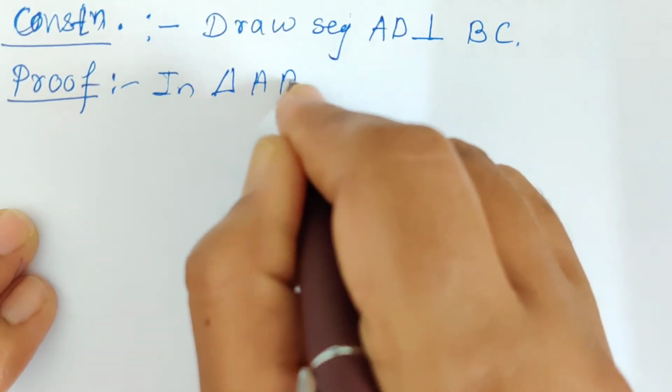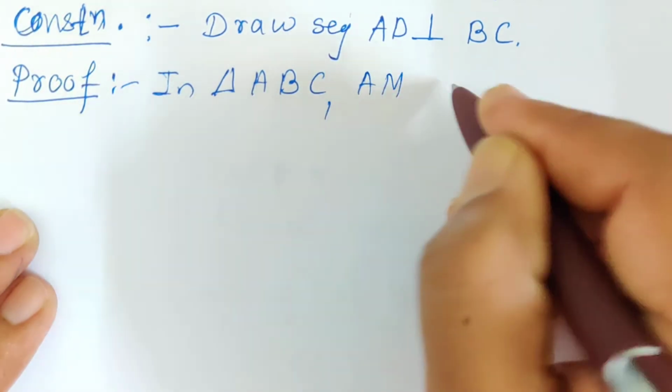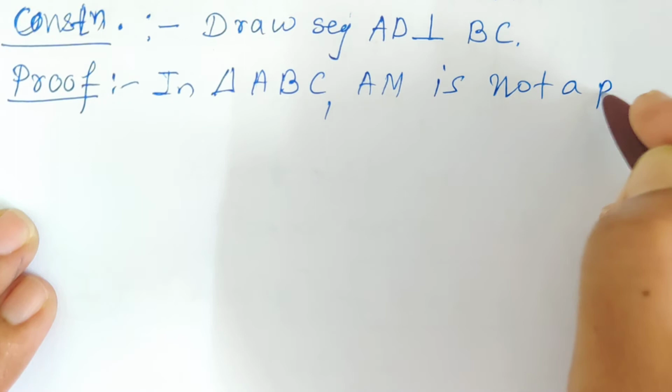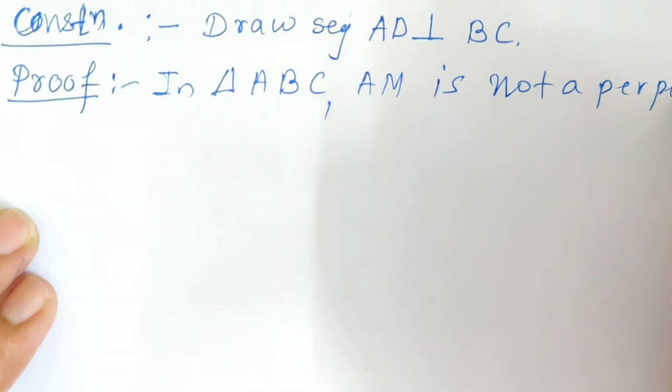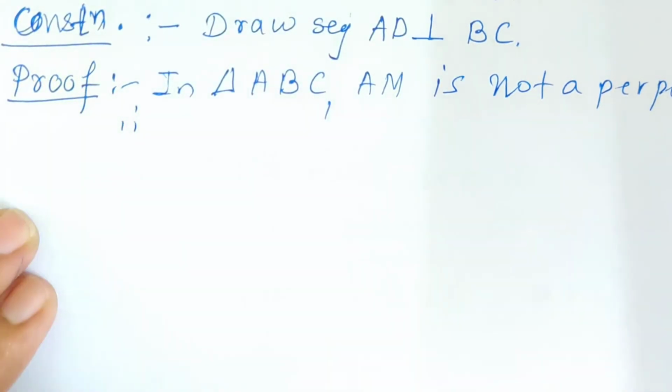So we will say in triangle ABC, AM is not a perpendicular. And in short we can write in our own words, or you can mention AMB is an obtuse angle triangle and AMC is an acute angle triangle.